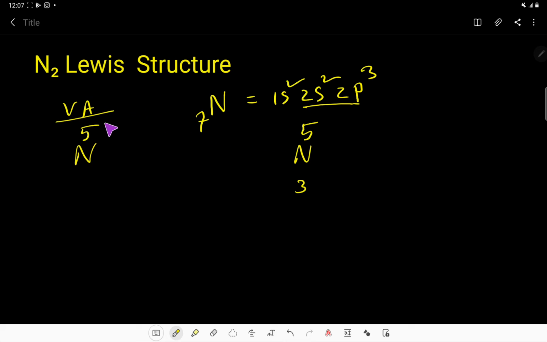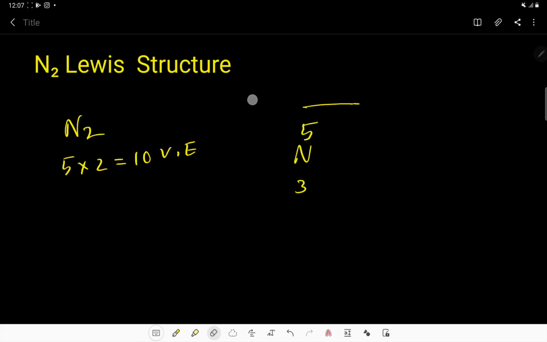However, so look, this is nitrogen. So one nitrogen atom has 5 valence electrons, so 2 nitrogen atoms have 10 valence electrons, right?